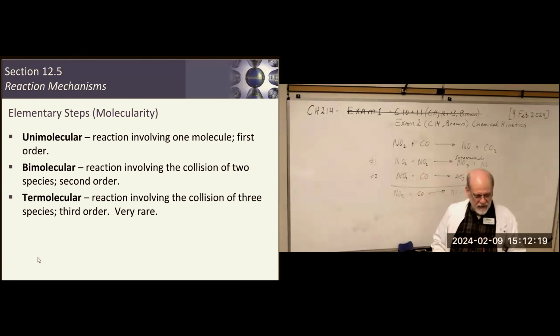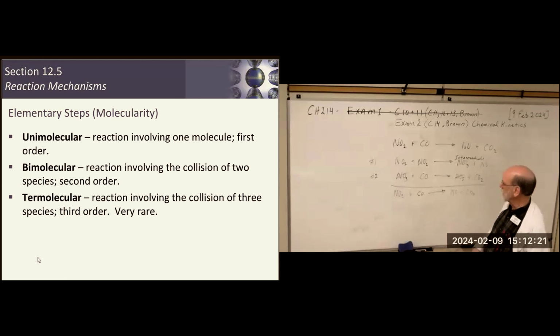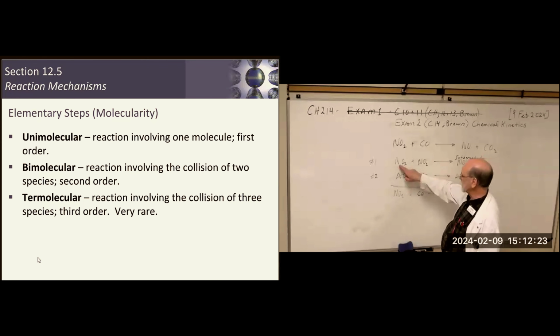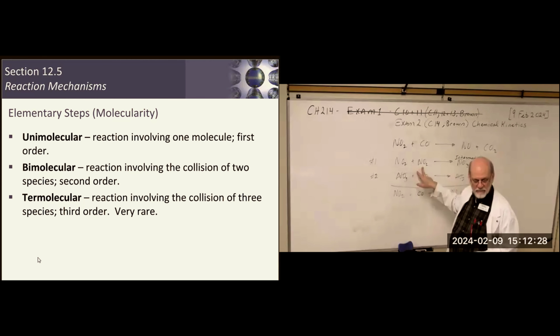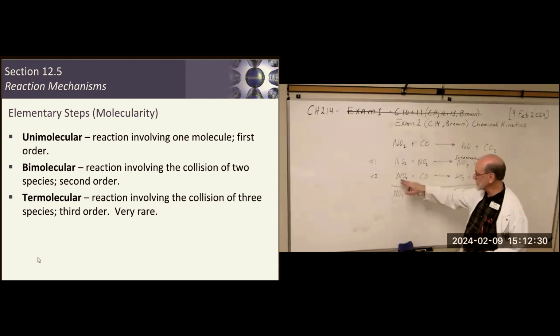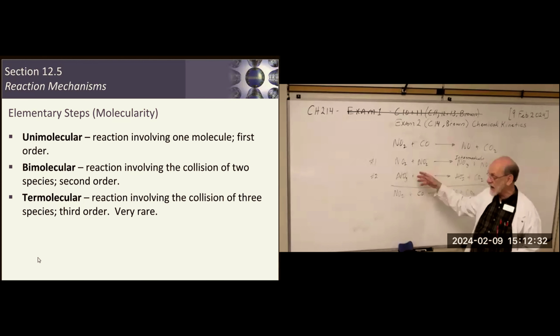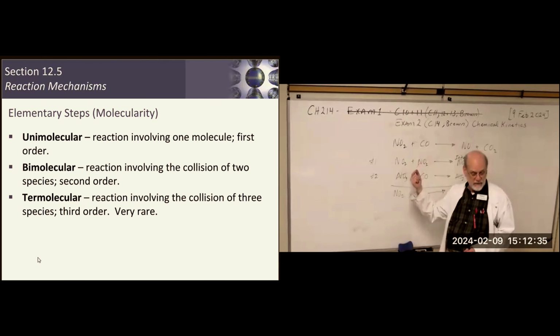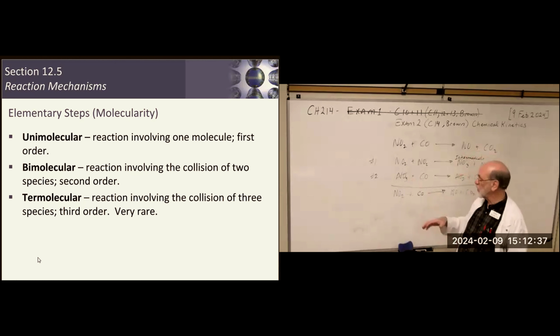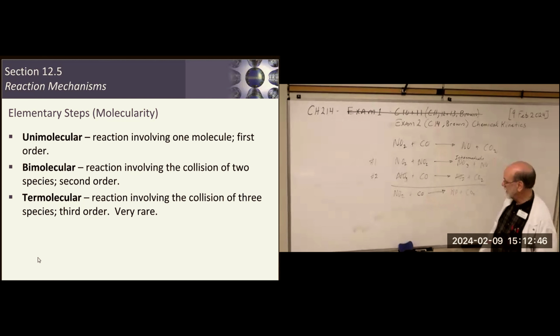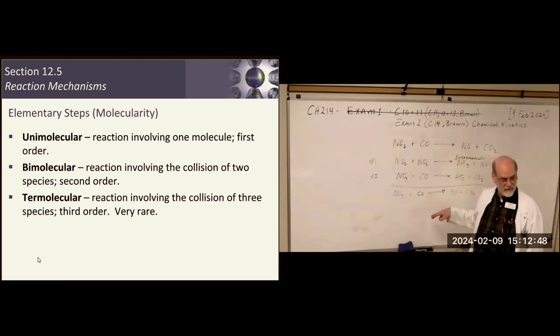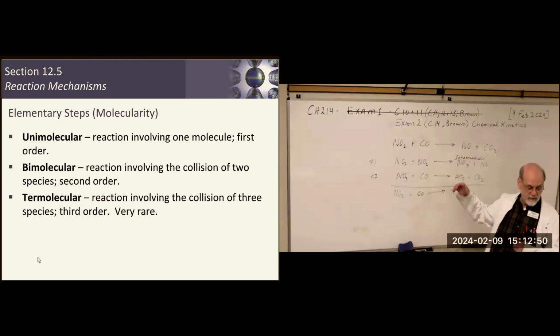So there are different types of elementary steps. So for this elementary step, we've got this reacting with that. This is called a bimolecular reaction because there are two reactants. The unimolecular reaction would be one where you get a decomposition. You just have one and it produces something. The termolecular is very, very rare, where you have three interacting in an elementary step.